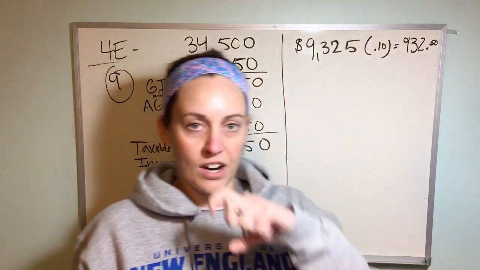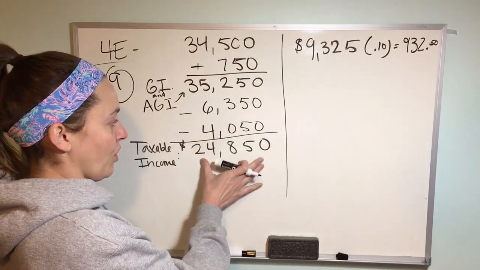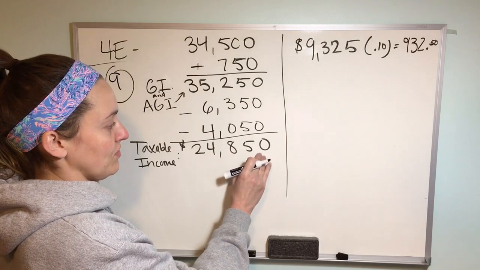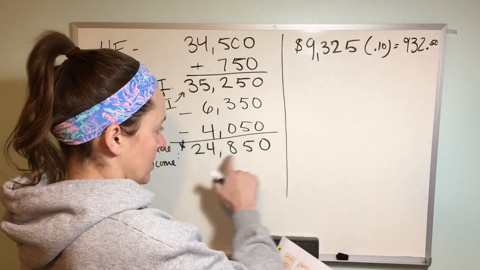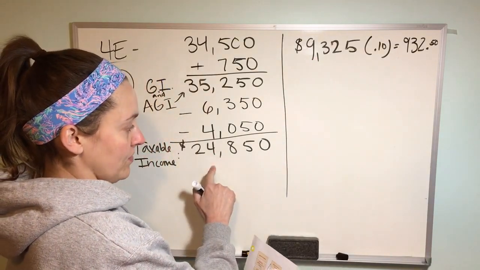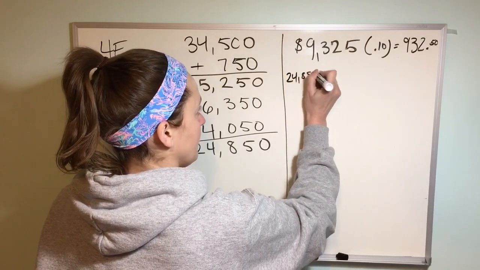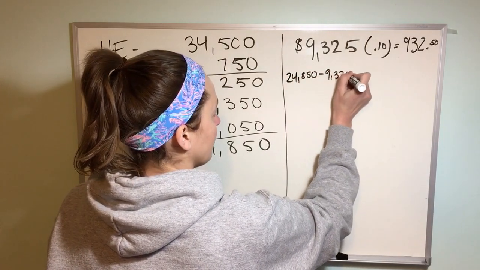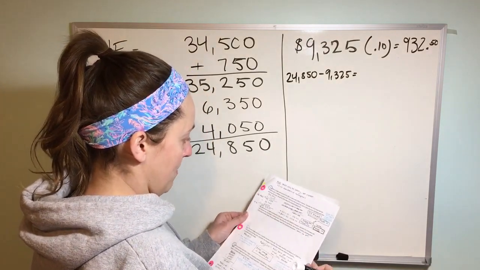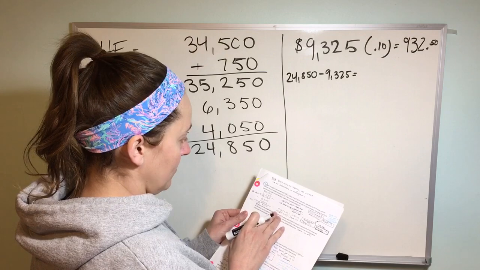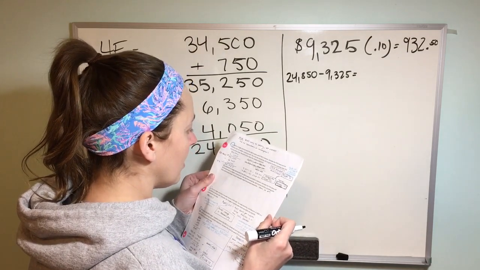So the way we figure out that next chunk is we say, okay, she has a total of $24,850 in taxable income. So the money from here to here is taxed at 15%. So we'll have to find the difference. $24,850 minus $9,325 is equal to, I already did this out on my paper, and I got 15,525, I think is right.